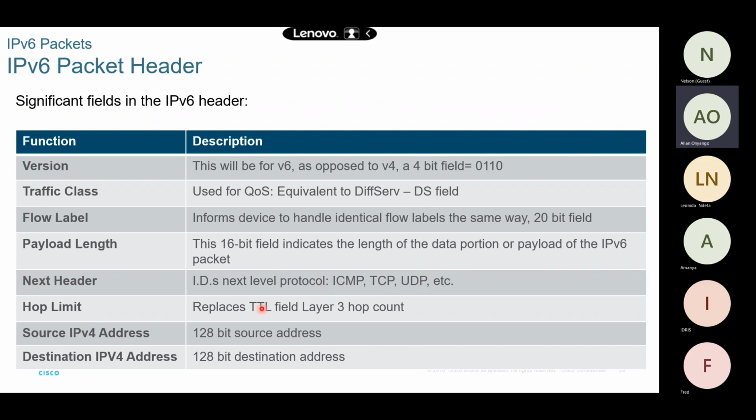Hop limit was like a TTL value, which as it reduces to 0, the packet will be dropped by the router. And the 128 bit source IPv6 address and destination IPv6 address are represented down here. So these are the differences between the fields for IP version 4 and the fields for IP version 6.